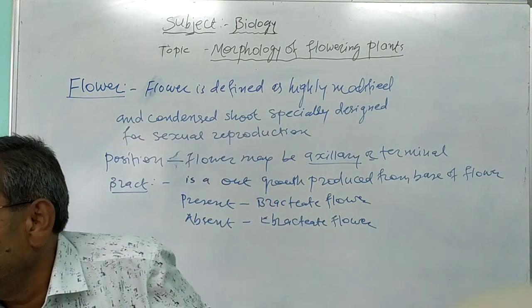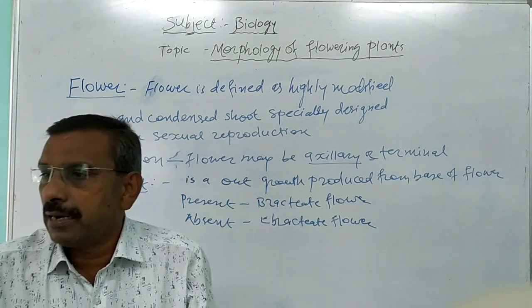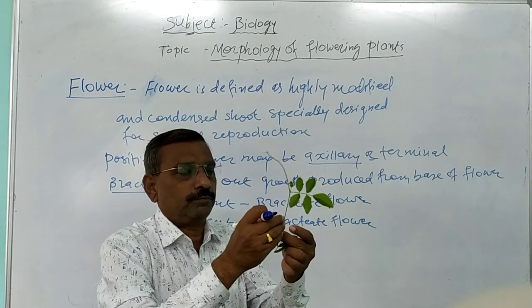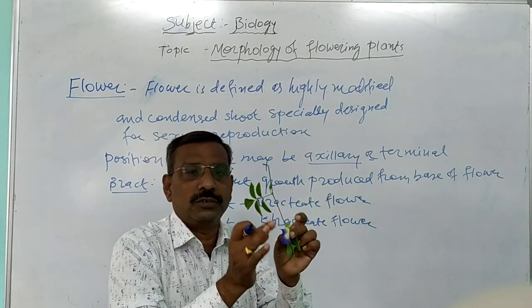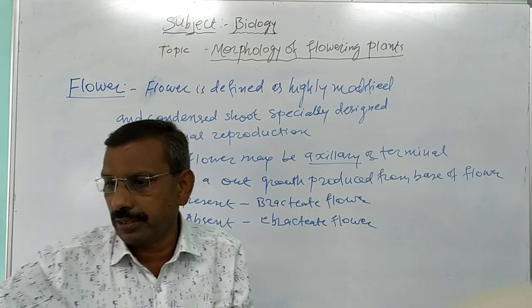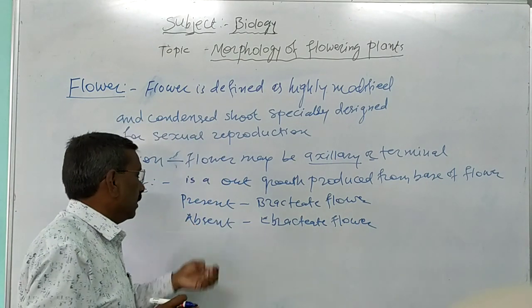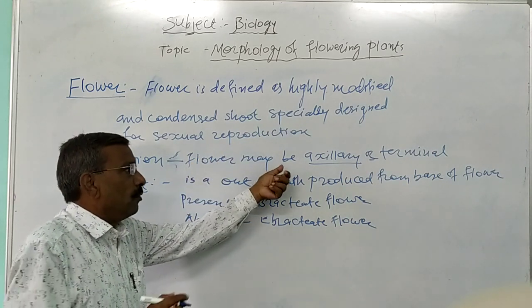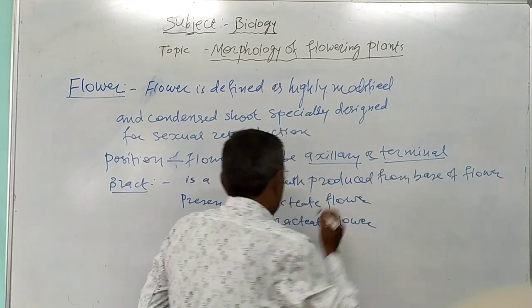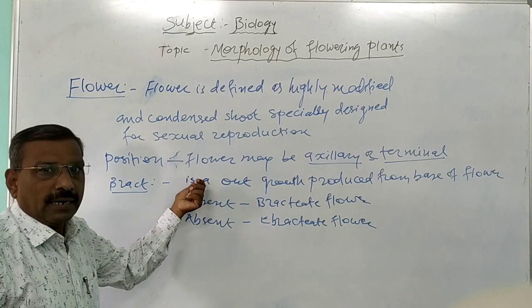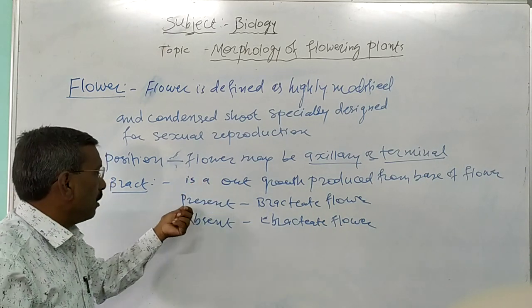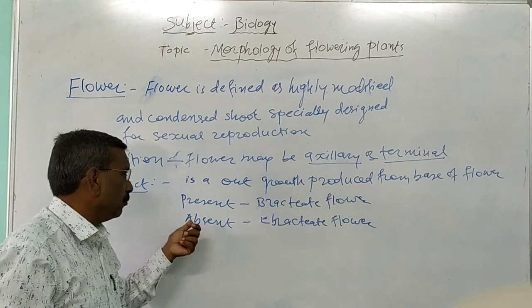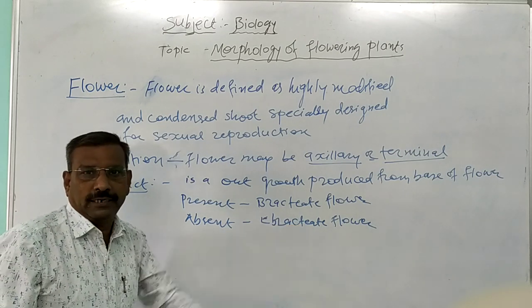For example, in this plant, bract is absent, so it is known as an ebracteate flower. Position of the flower may be axillary or terminal. Bract is a leafy or scaly outgrowth; a flower with bract is a bracteate flower, and without bract is an ebracteate flower.